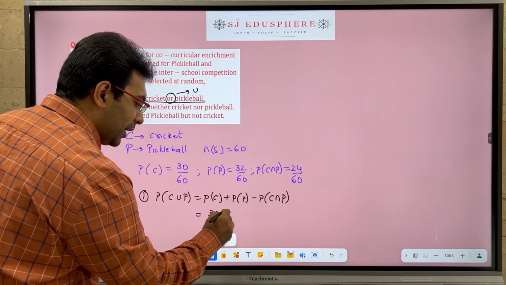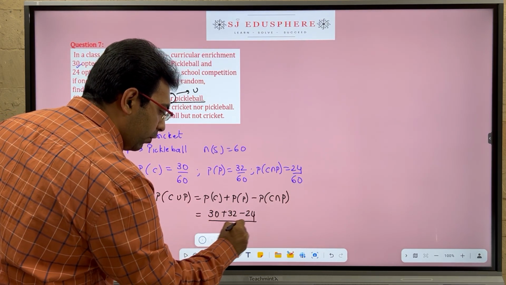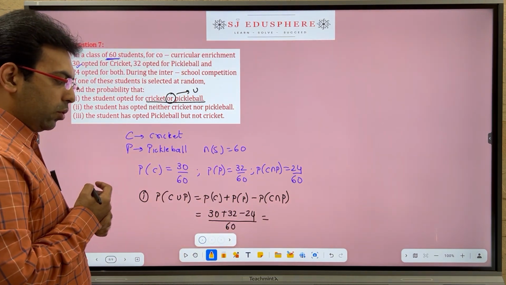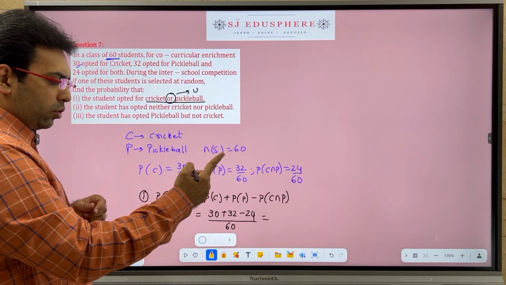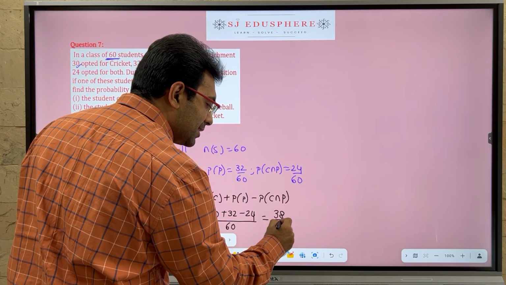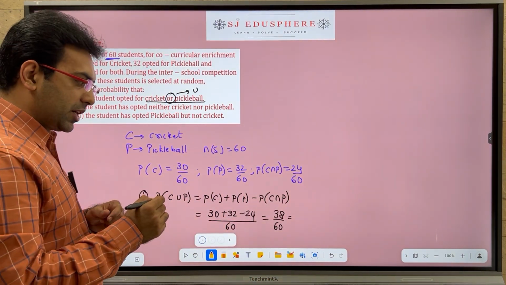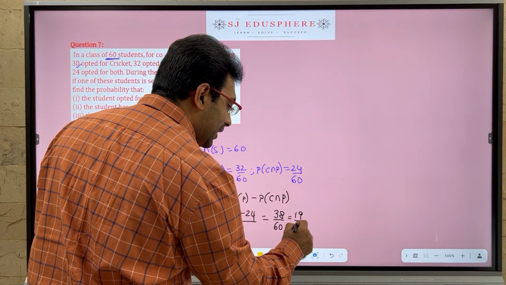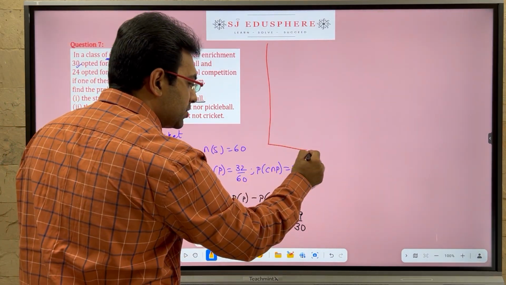That will be 30 plus 32 minus 24 upon 60. That gives me 30 plus 32, minus 24 is 38, and so I'm left over here with 38 by 60. Make sure you write the answer in your least fraction or your decimal values, which over here will become 19 by 30.